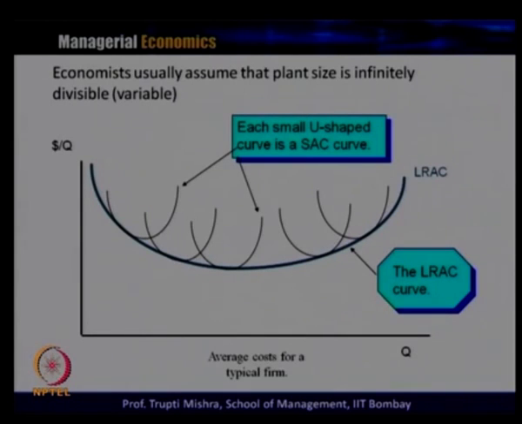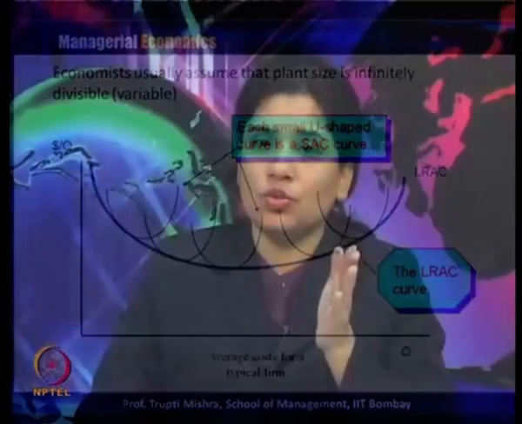On the x axis we are taking the level of output for a farm, and on the y axis we are taking the average cost. So, the long run average cost curve is the summation of each small U-shaped short run average cost curve, which are different from each other in two aspects: in terms of the different output and in terms of the cost associated with that level of output.